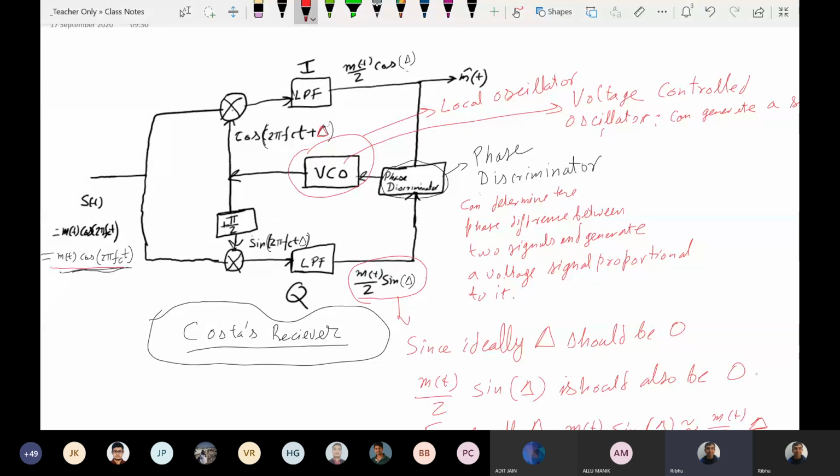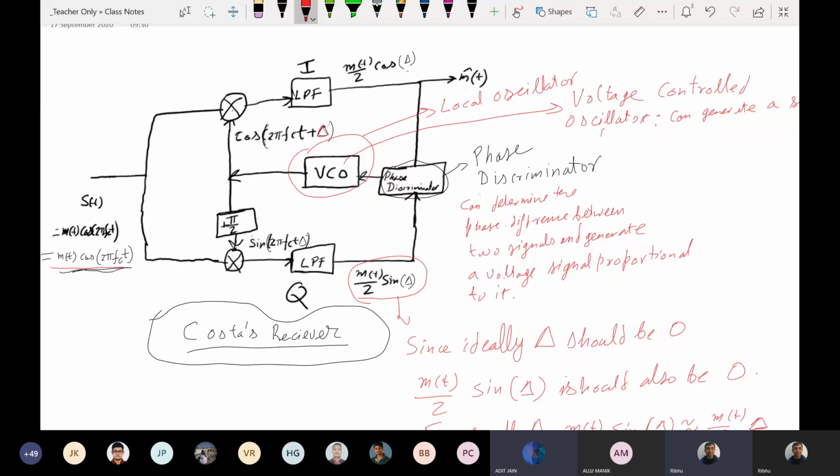When there is no error, the input is zero and the oscillator continues as before. But when the input is non-zero, the oscillator adjusts so that delta is forced to zero, and the carrier aligns well with the locally generated signal, which means there is no phase error.